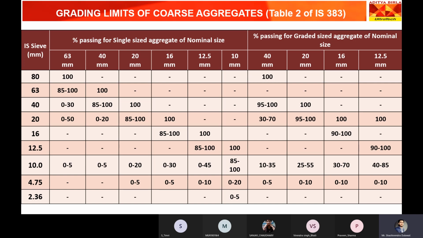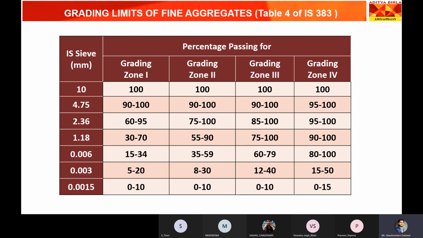So according to the table, we can take the value. Similarly, the grading limit of fine aggregates. These are some gradings according to table number 4, Indian Standard Code 383. By using Indian Standard 383, you can take the value according to grade, zone grade.